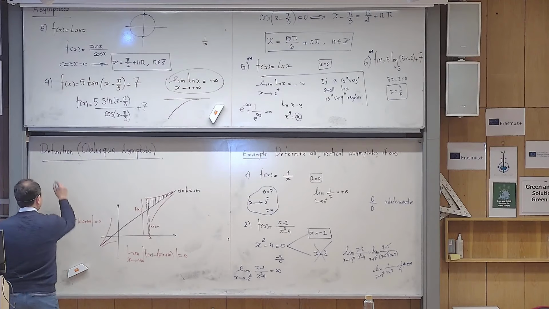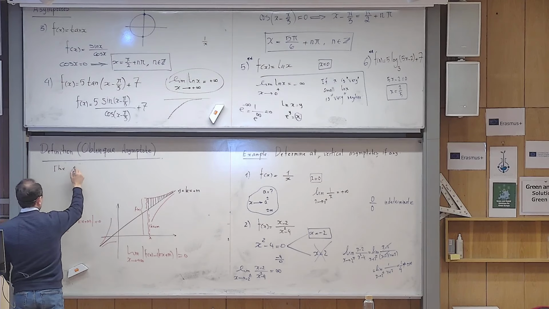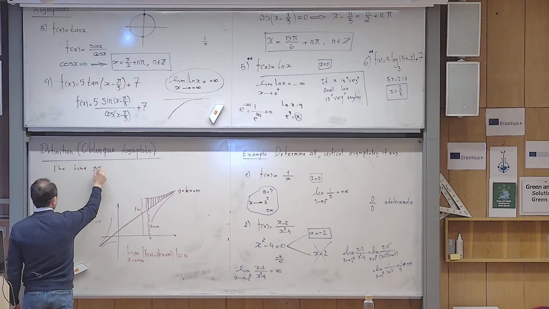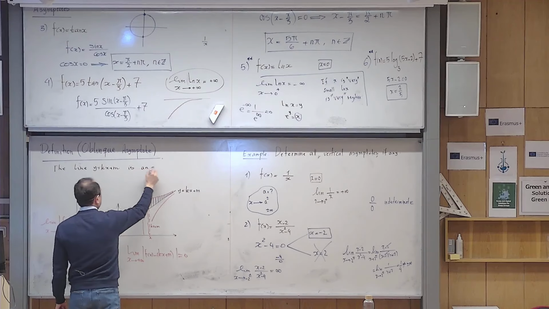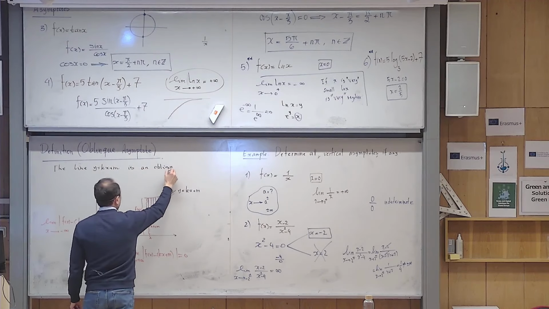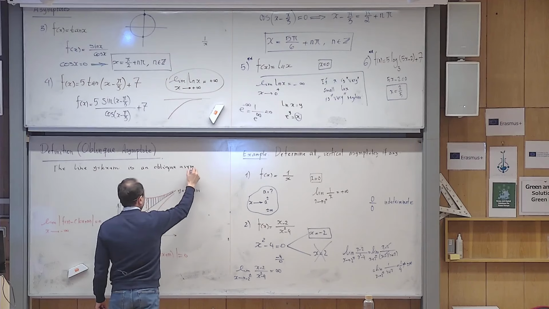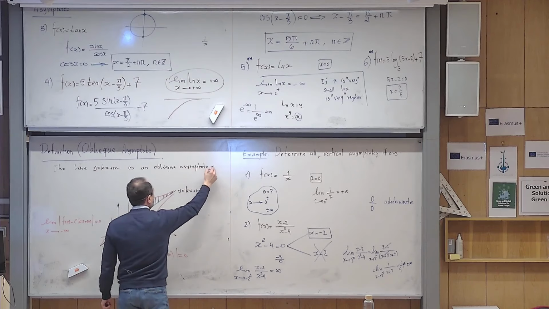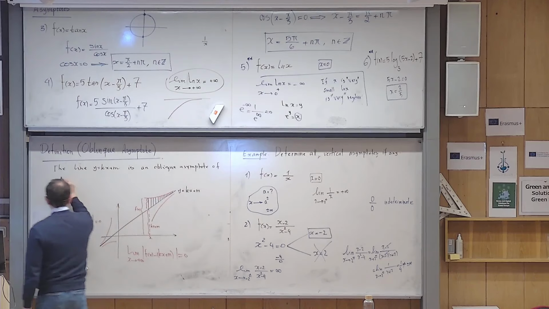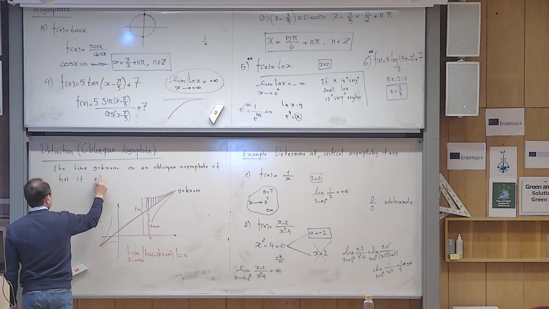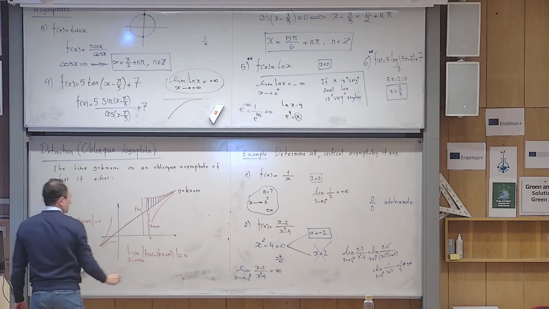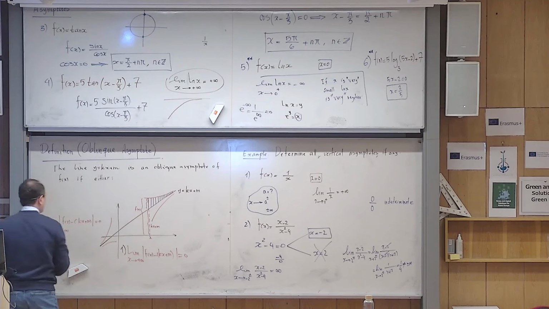I can say the line y equals kx plus m is an oblique asymptote of f of x if either number 1 or number 2.